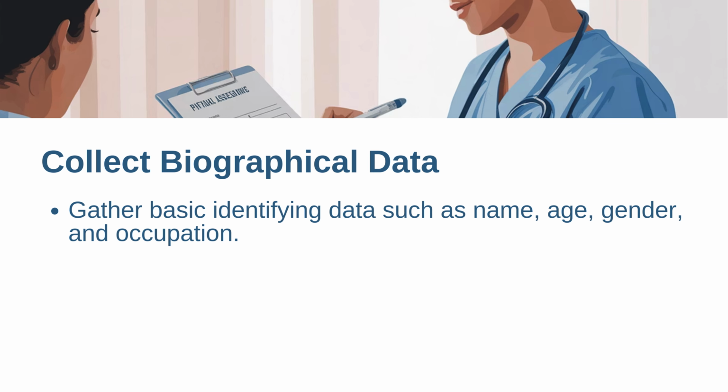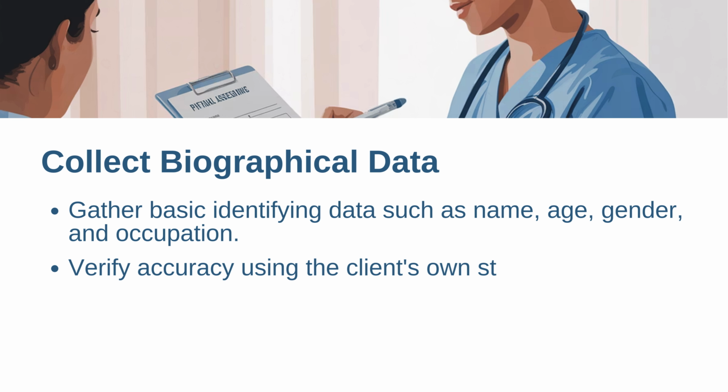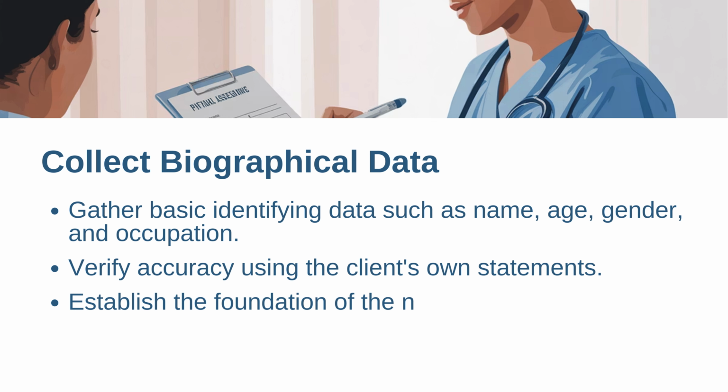These will provide essential context for care. Verify accuracy using the client's own statements. Confirming information ensures correctness. Establish the foundation of the nursing health history. Accurate biographical data support subsequent assessment.